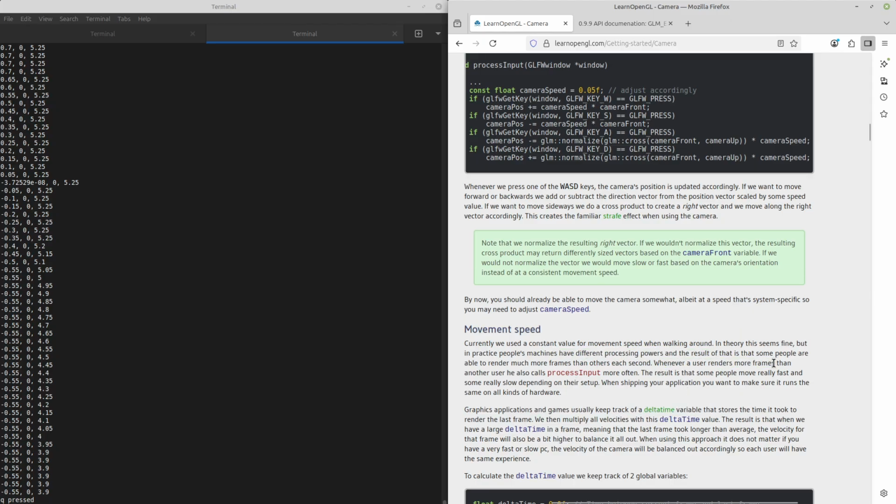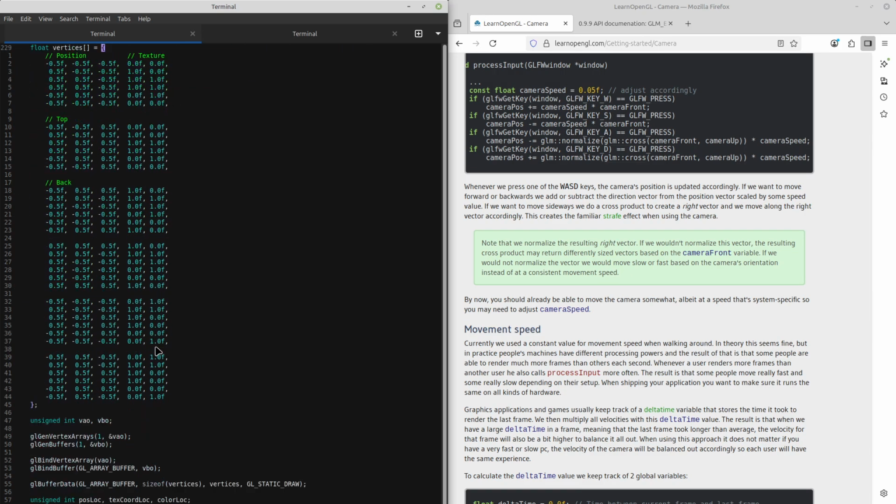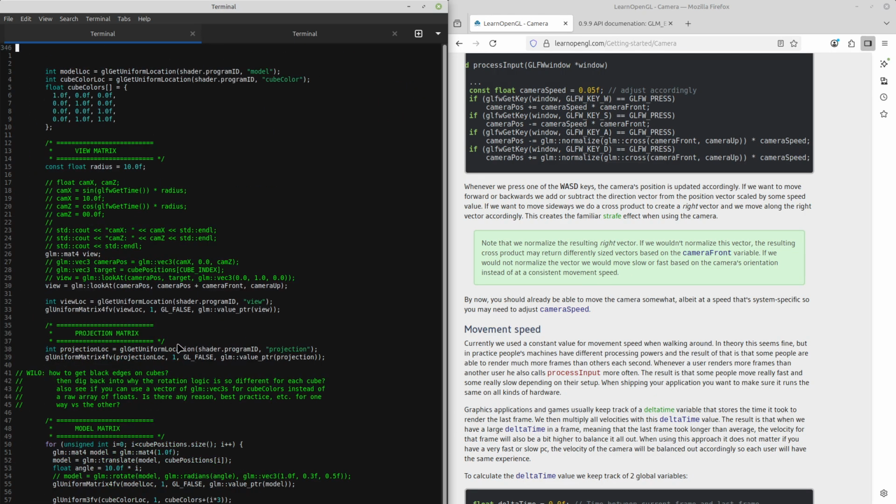Whenever a user renders more frames than another user, he calls process input more often. Oh, okay, that makes sense, because if you're running this loop 30 times per second, you're going to be processing the input only once in a while, but you're moving a constant amount, which means you're going to be moving, say, 30 times that camera speed, whereas delta time will allow for making it proportional based on how long it's been since the last time we called the frames.